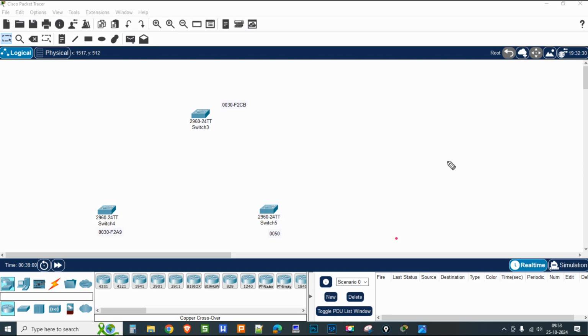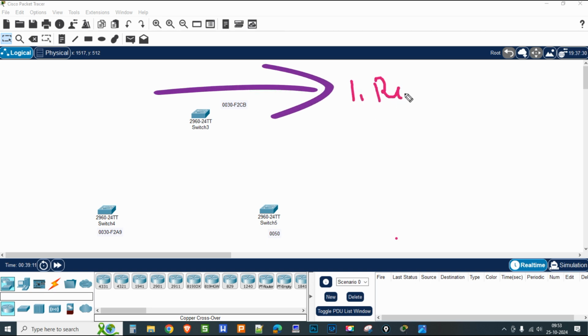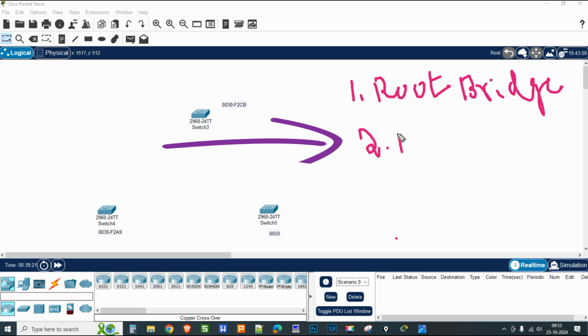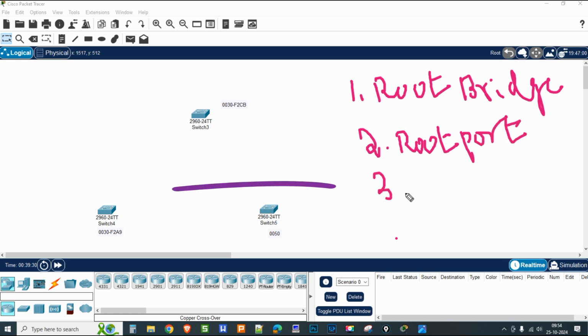The STP process runs based on the spanning tree algorithm. It is a 4-step process. First is the root bridge. Second, it elects the root port. Third is the designated port.